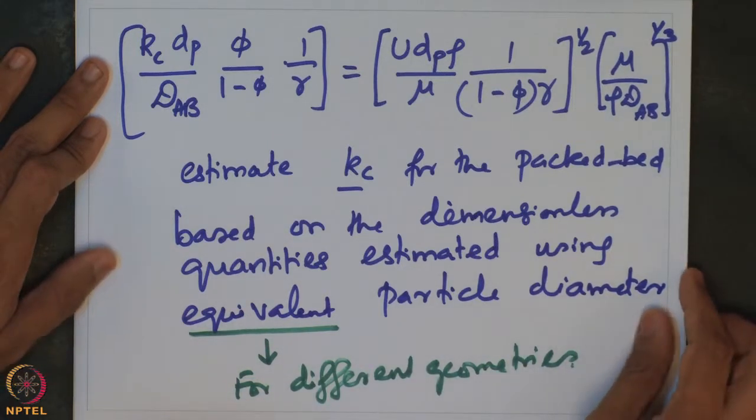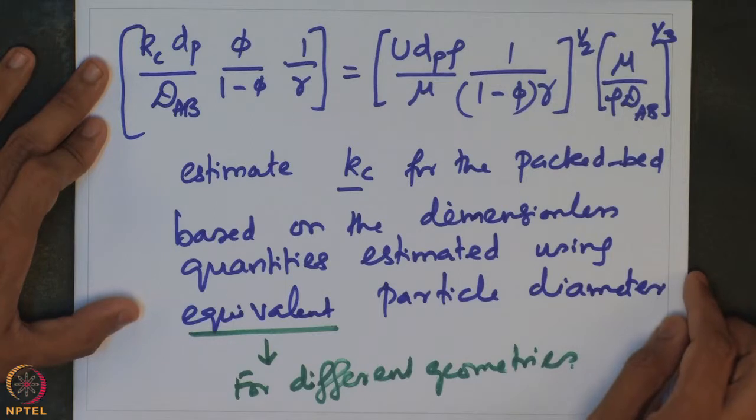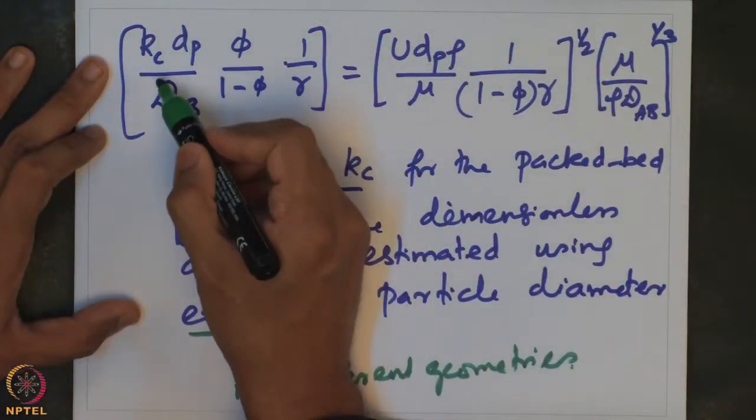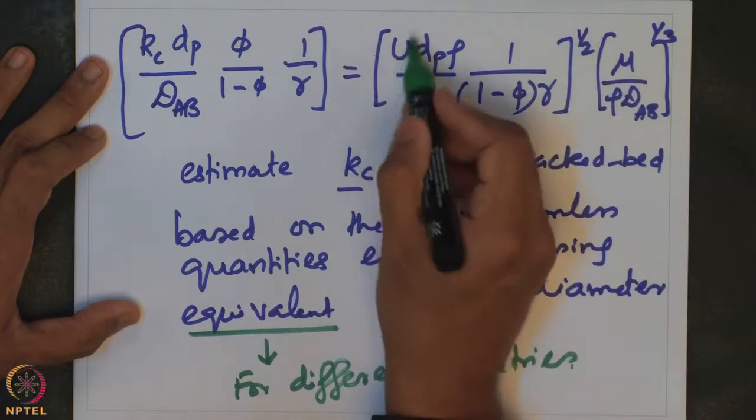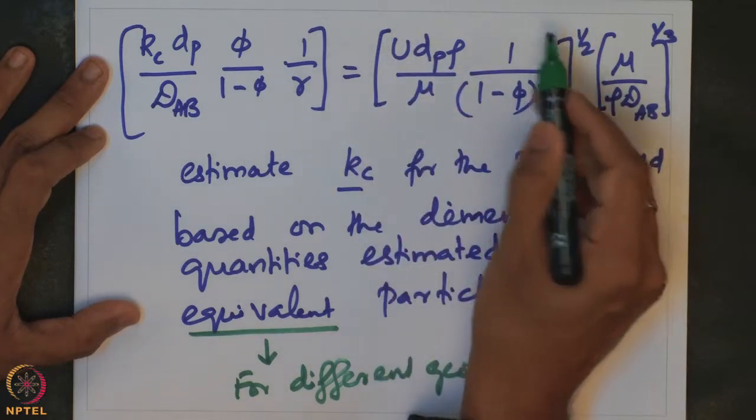Suppose I keep all the properties constant for the whole system, that is the catalyst bed, the flow rate, temperature, etc. Then, as we estimated for the single particle case, even here the mass transport coefficient K is proportional to U to the power of half, that is the superficial velocity to the power of half.